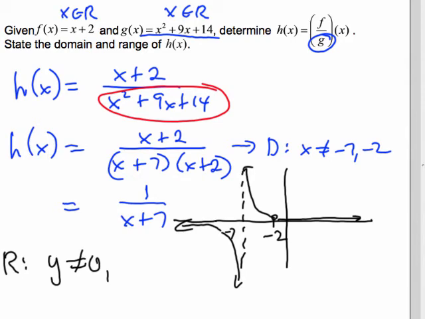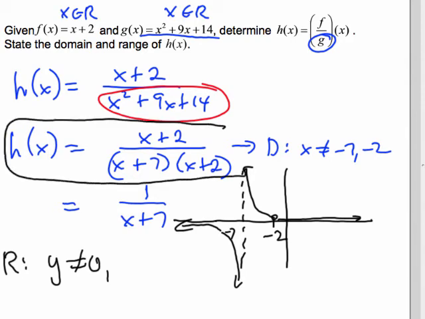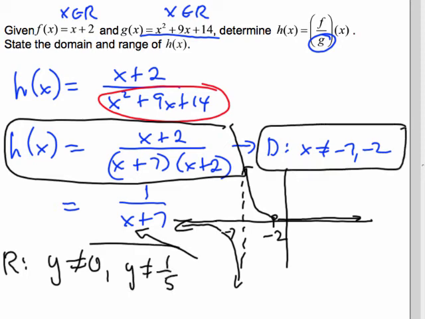Now, remember I said you got to put the negative 2 back into the original function before you simplify. If you put the negative 2 into the reduced form, you're going to get the y value that's being left out. In other words, y can't be 1/5.